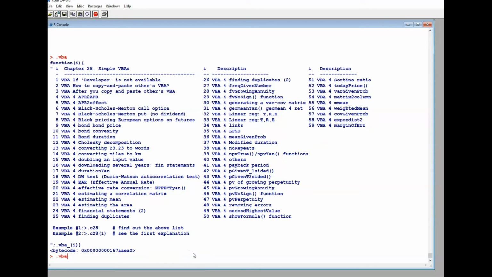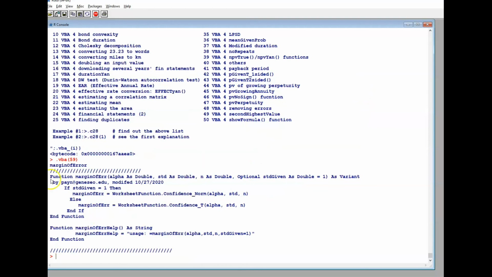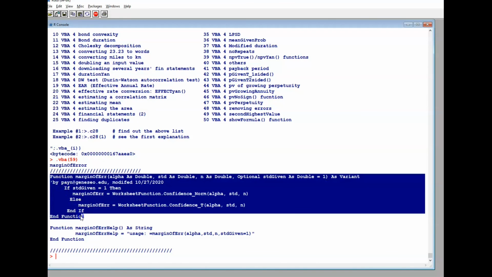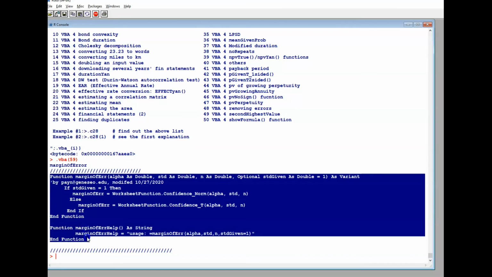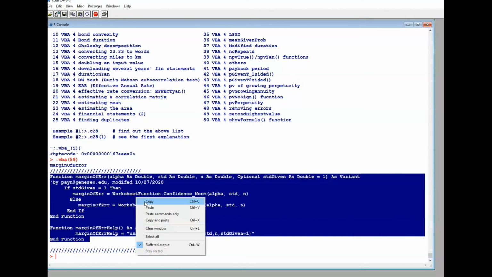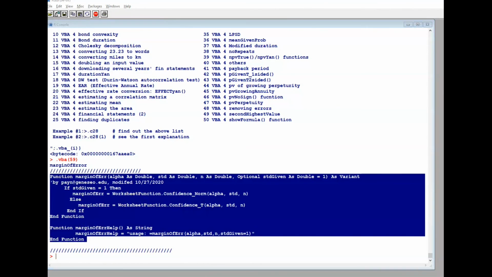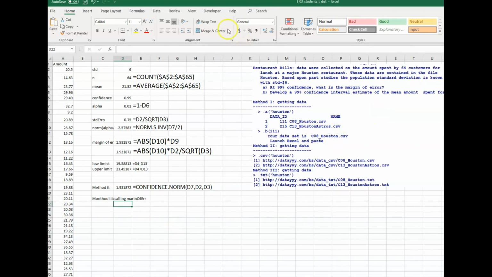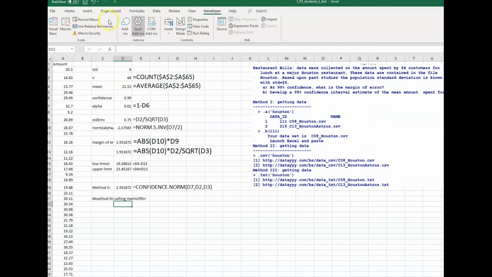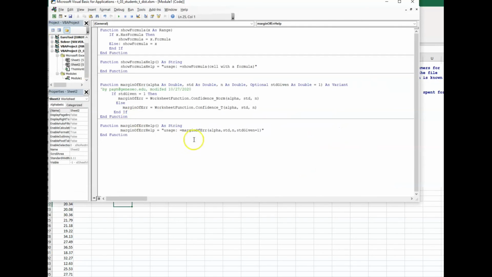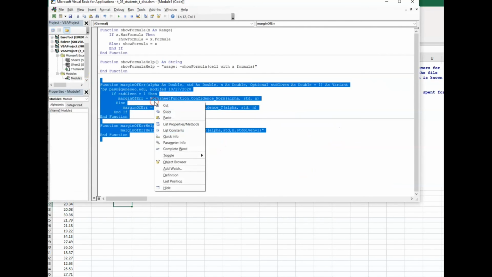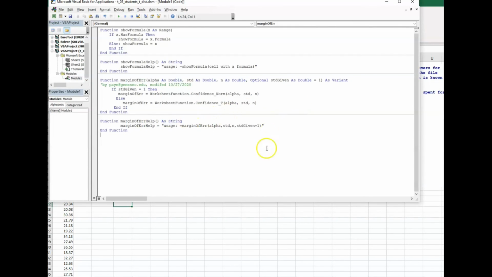Then we copy the function. This is the main function. The second function I call the help function. Copy, go to Excel, click Developer, click Visual Basic, and paste it here. I just paste it to replace the original file.